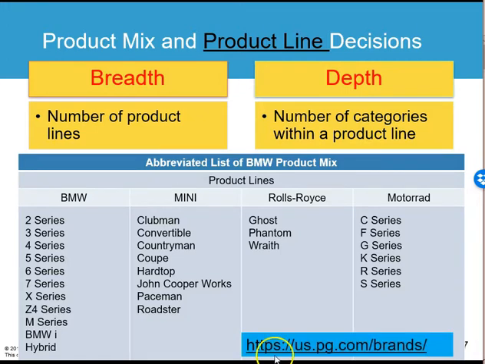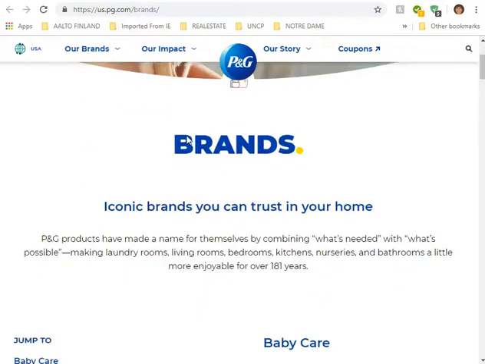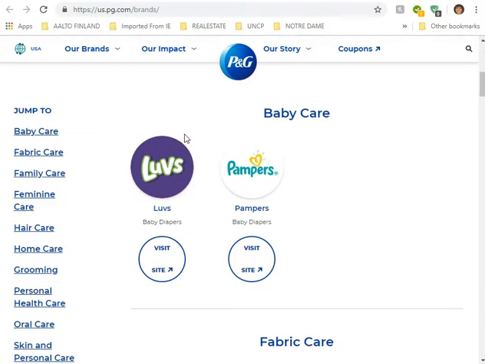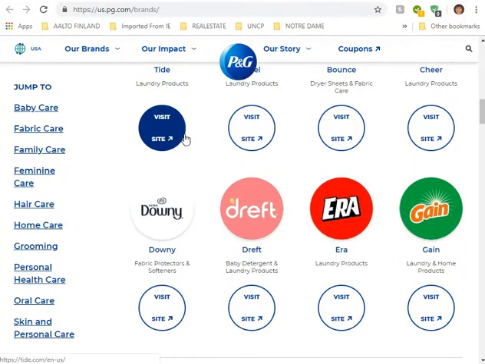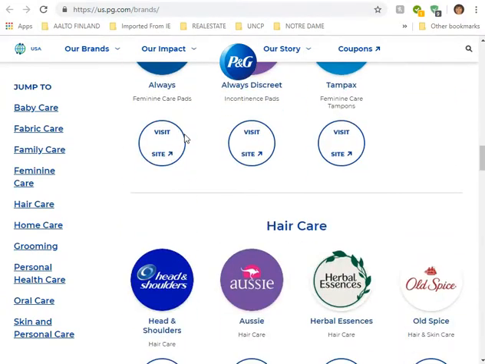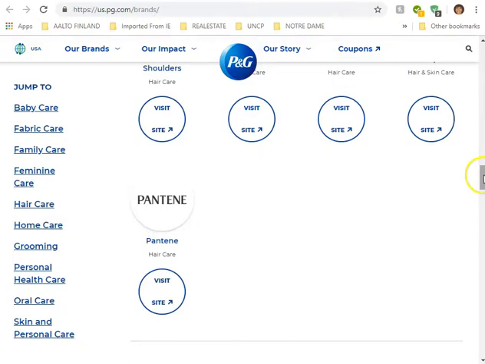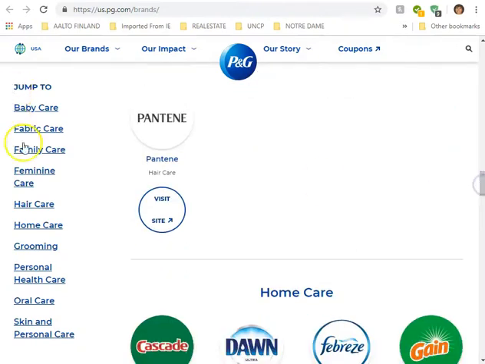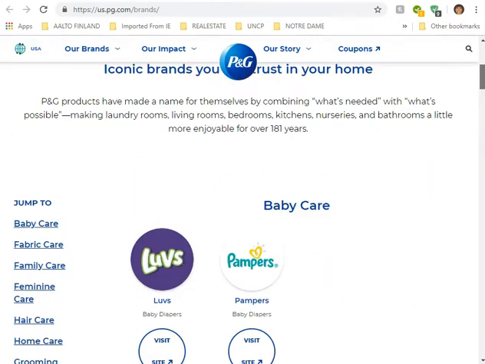I'll give you a better example as well. If we go to Procter & Gamble's US website of brands, you will see that they own a lot of brands that you are probably very familiar with. So on the left side here, we have product categories. And so the breadth of things that Procter & Gamble offers are the number of different product categories. And then within a particular product category, we have varying levels of depth.